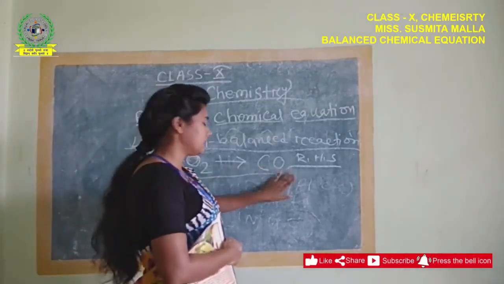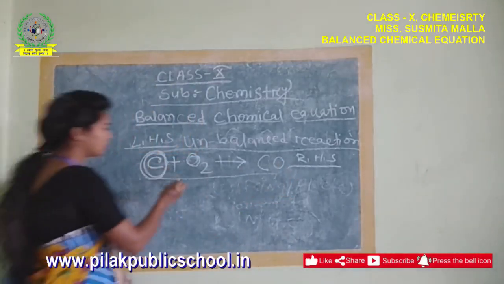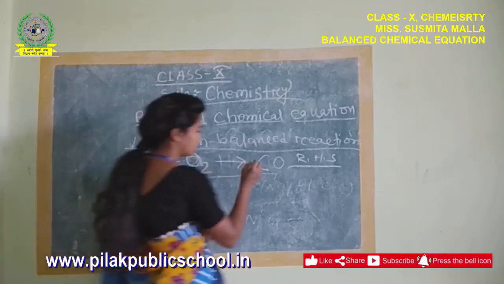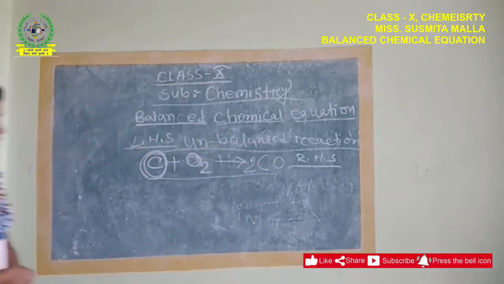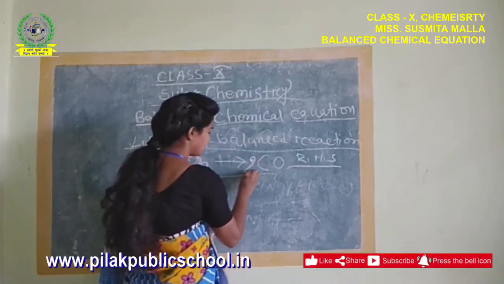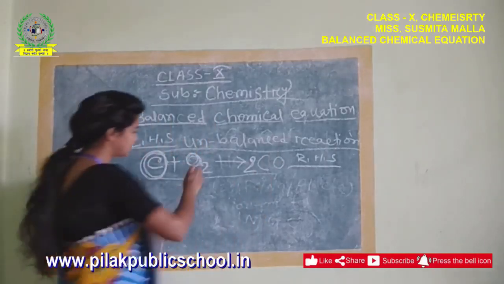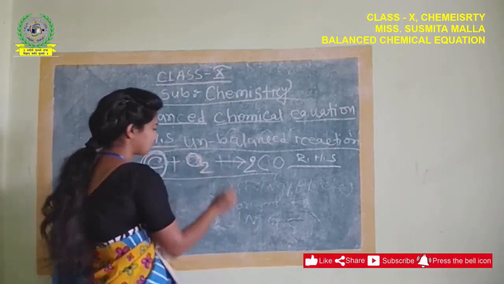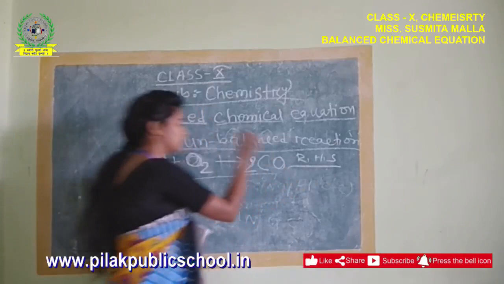In the right hand side there is 1 molecule of oxygen. So we balance oxygen. We put 2 in the products of the chemical reaction. So 2 molecules of oxygen in the left hand side, and in the right hand side there are 2 molecules of oxygen.